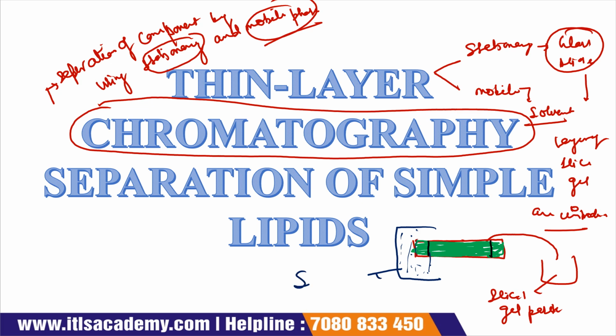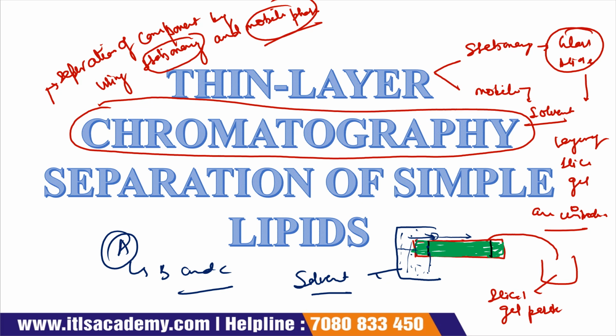This is your solvent. Now, due to capillary action, this solvent moves in the upward direction, and the components interact with the solvent, or make a bond with it, and move upward. Suppose that there is a mixture in which B and C are present.